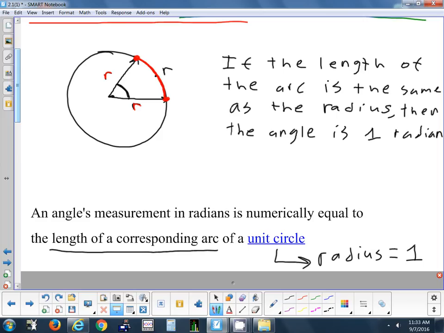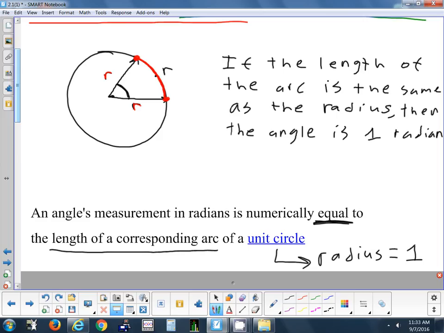So there's 107 times pi divided by 180, so that's about 1.87 radians. Do I need RAD? No. Any questions on changing degrees to radians?